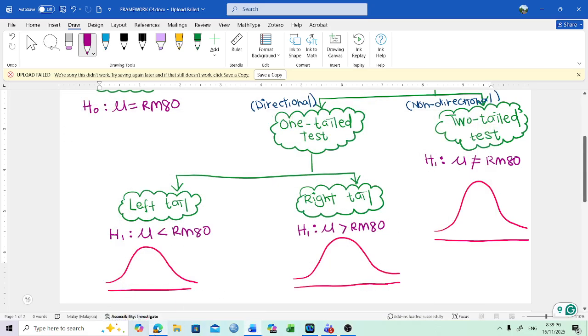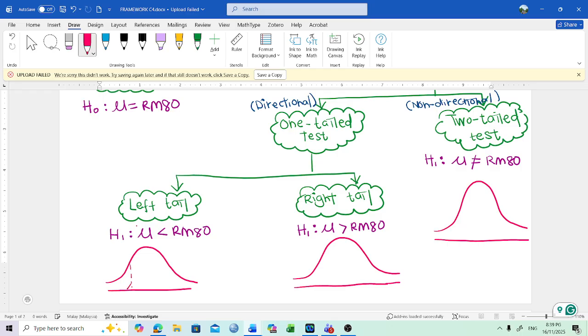Next, let's see what one-tail test and two-tail test mean visually. Let's start with the left tail first. This is the normal graph I have drawn here. So what do we mean by left tail? Left tail means that it is on the left.